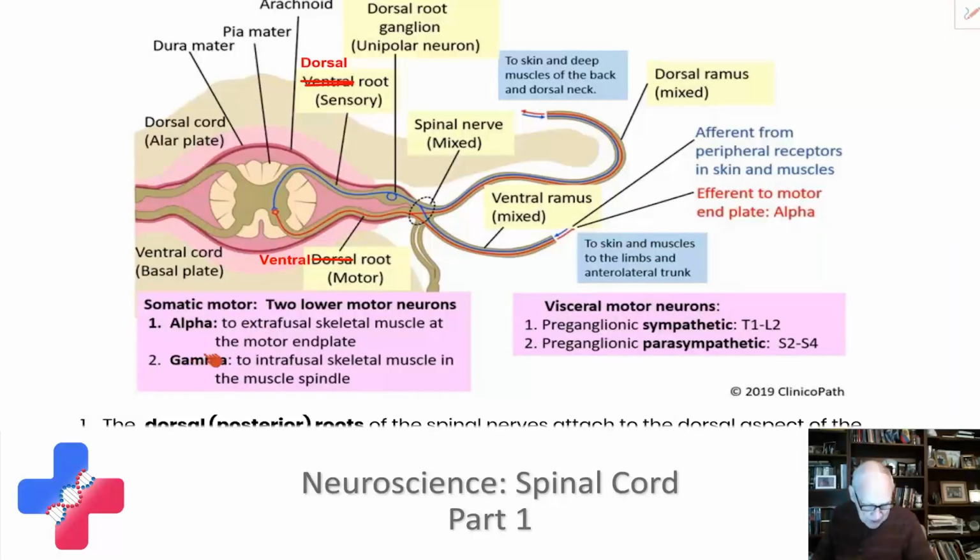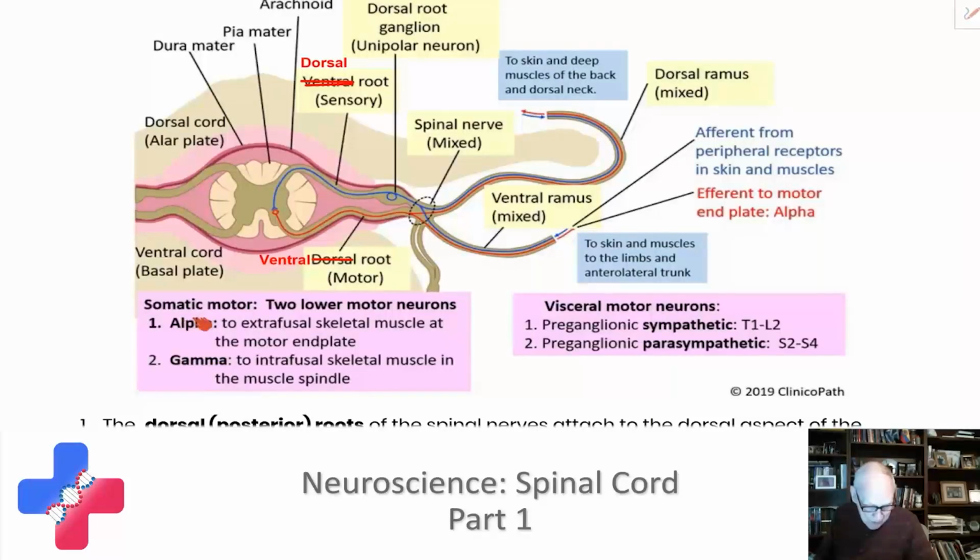And then the gamma system we'll say very little about. That's a behind the scene function. This is operating mostly on the reflex side of innervation of skeletal muscles. And the gamma is a very important reflex mechanism for muscle tone control. And again, we won't get into that system in any detail.